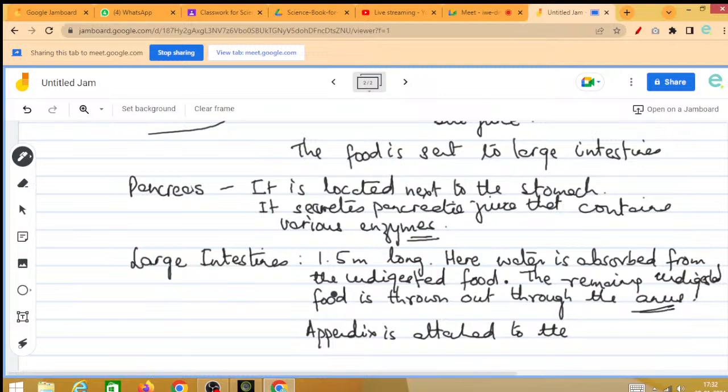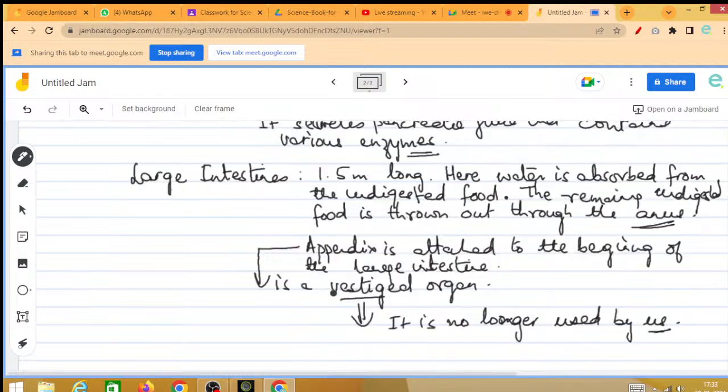So sometimes in some people, this appendix becomes very swollen and it gives a lot of pain. Then the appendix is removed from our system. You operate and you remove the appendix. Many cases of appendix are there in the hospital.